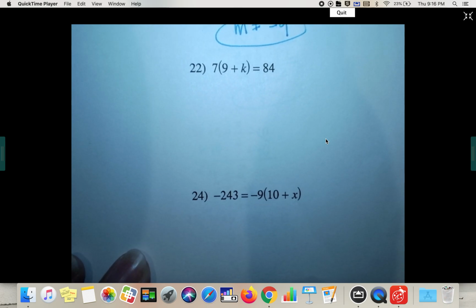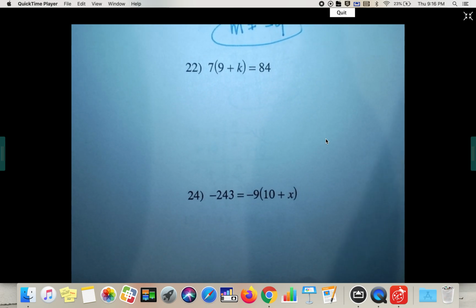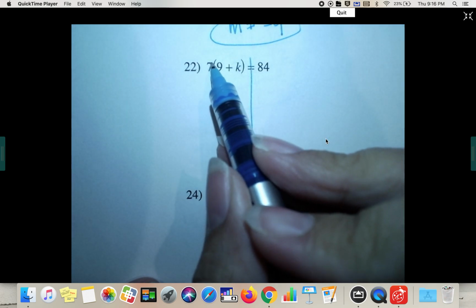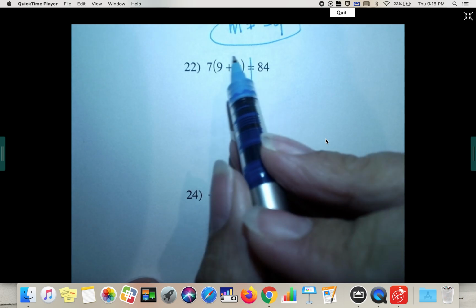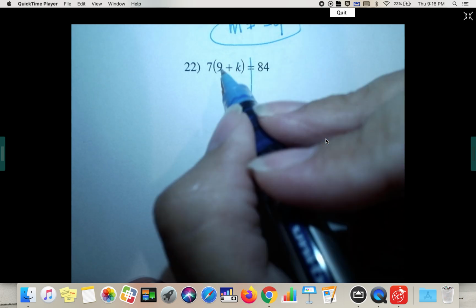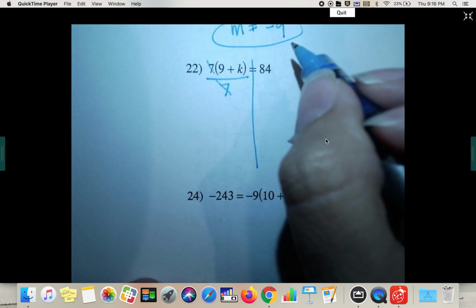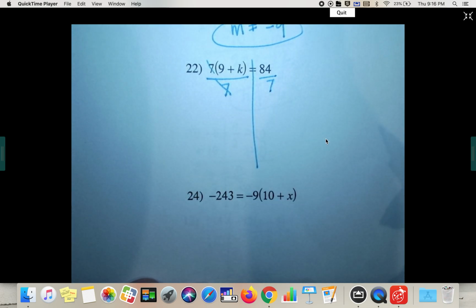22. Let's do division on this one. You can distribute if you want. Again, you're going to get the same answer I do no matter which way you do it. So we understand that 7 is multiplied by this group 9 plus k, so we are going to divide by 7 so that we can cancel it. Don't forget to divide by 7 on both sides.